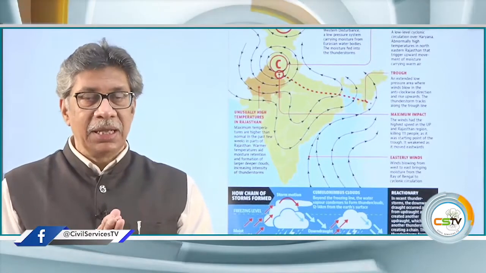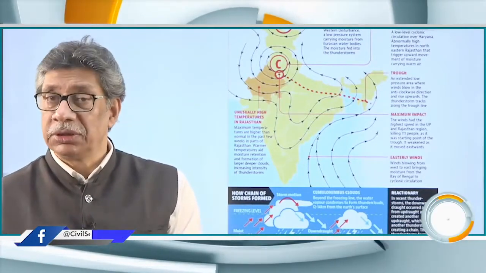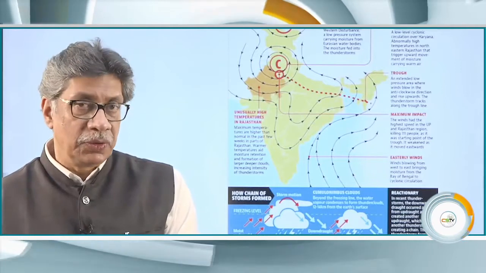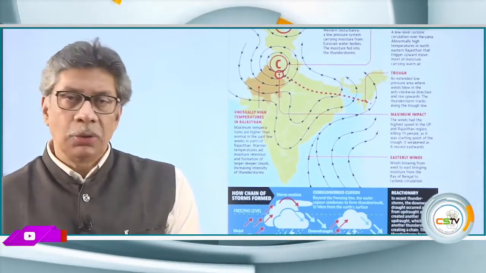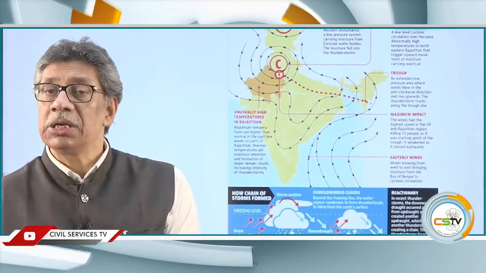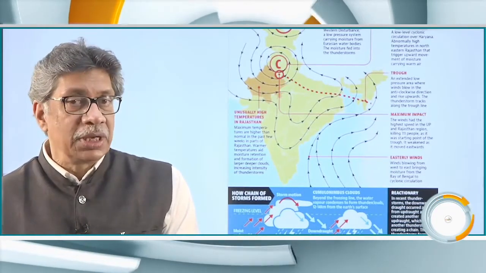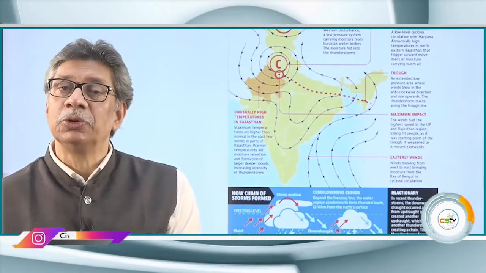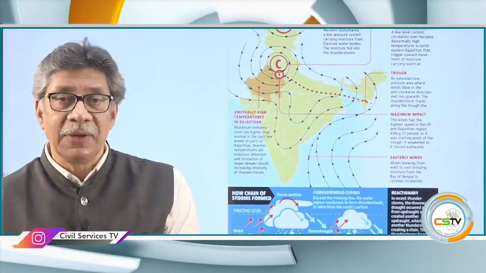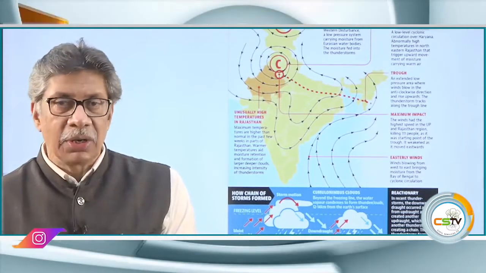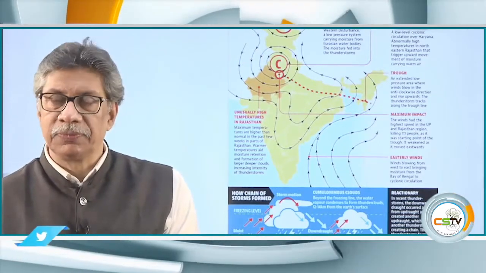Now that means that the severity of the thunderstorms at that period of time was very, very high. Normally, not all years are associated with such a high degree of severity. But then 2018 was exceptional, and it doesn't mean that it can't happen in any other year as well.